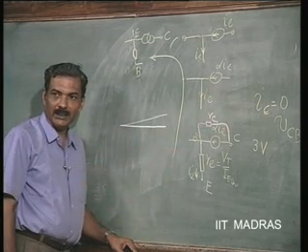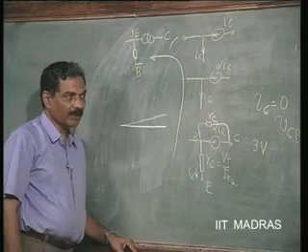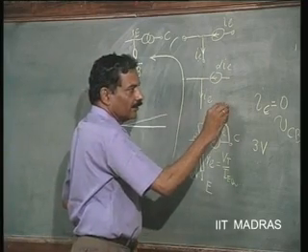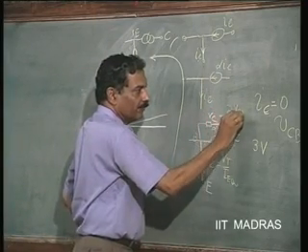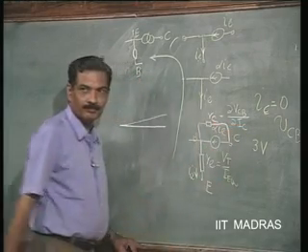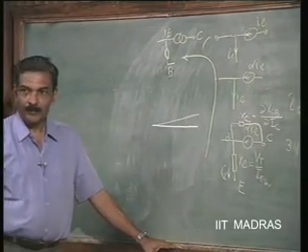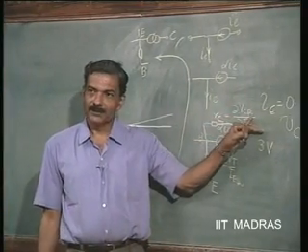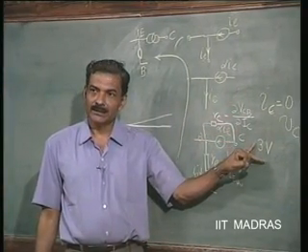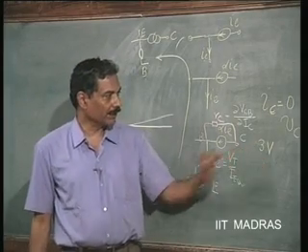This is a small signal resistance, RC, which is nothing but delta VCB divided by delta IC. That is, the change in the collector base voltage for a change in collector current, by definition at a certain operating point.